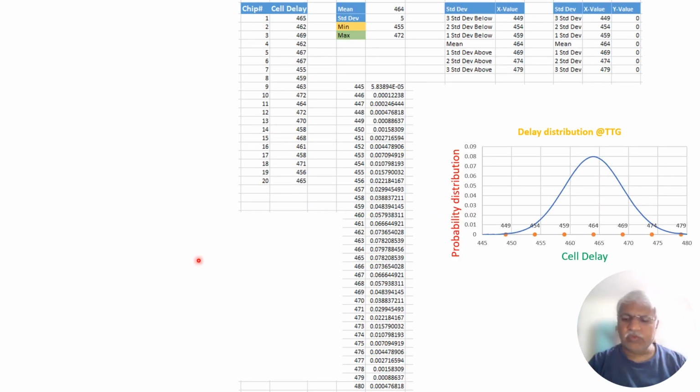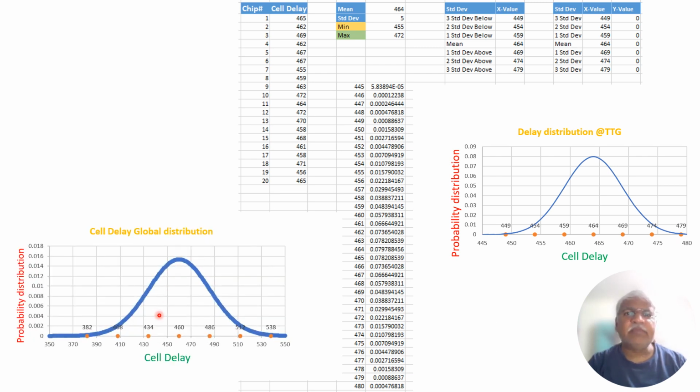In the original samples, you have observed that the mean is 460. That is what we called TT. And when we take samples near these points, such as this one, you will observe that the TTG here is 464, which is different from this one.